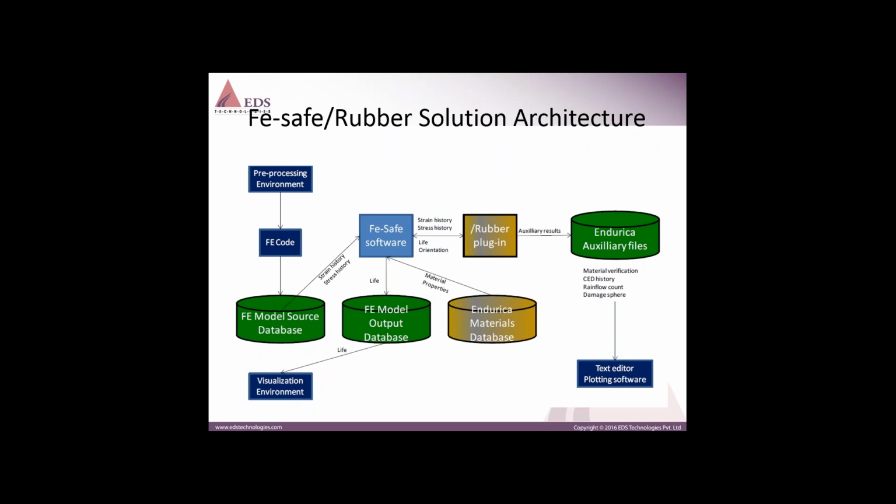This database is opened and accessed in FSAF, where it is used to define loading definitions, and the material property will be assigned here as well. FSAF is interfaced with the Endurica solver to compute fatigue life. In addition to the fatigue life, Endurica can also solve a few other things, which will end up in Endurica auxiliary files.